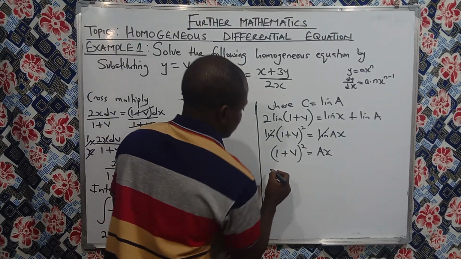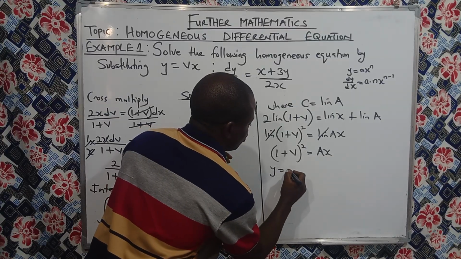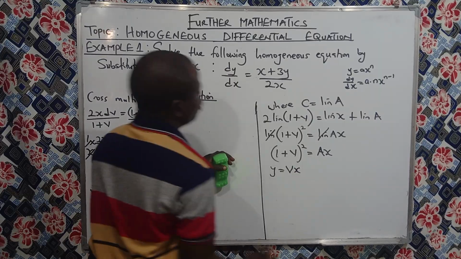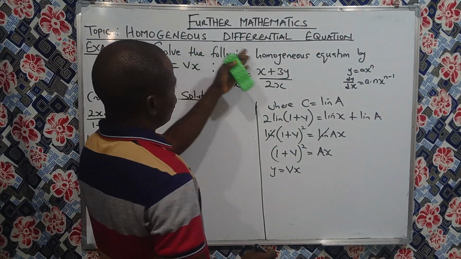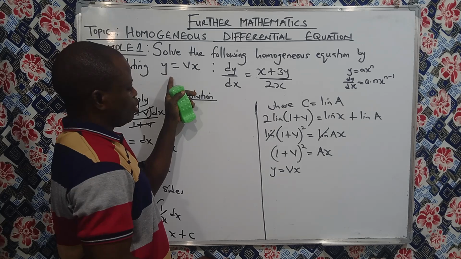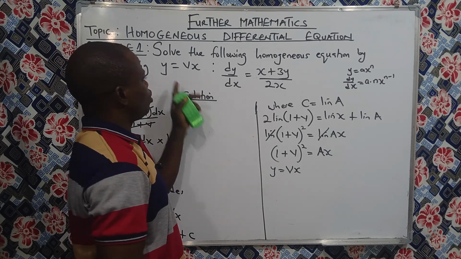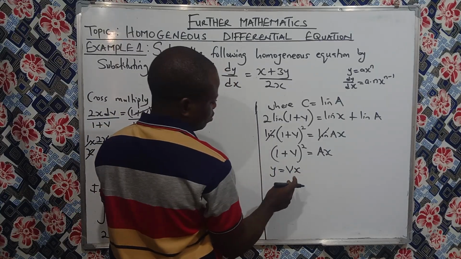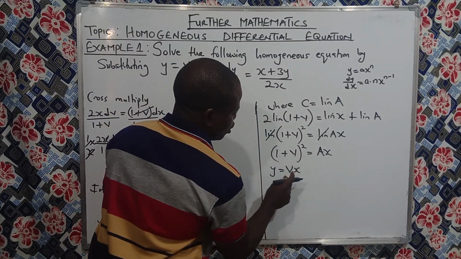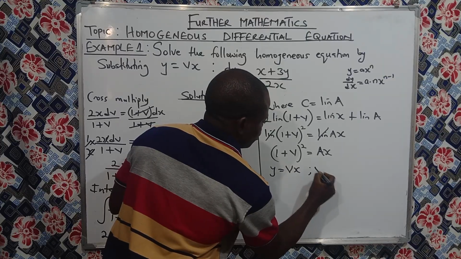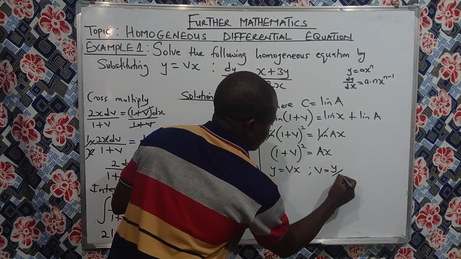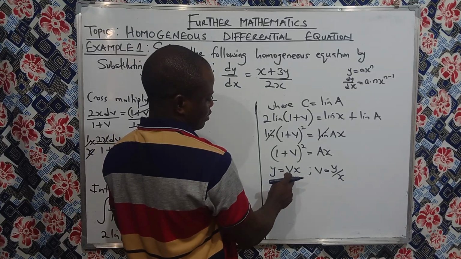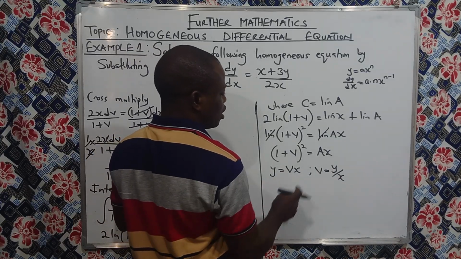Now don't forget your substitution, y equals vx. I told you that under a homogeneous differential equation, you must substitute y equals vx in the equation, and at the same time replace v with y over x. When you divide both sides by x, you have v equals y over x.